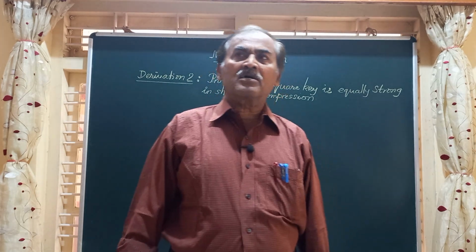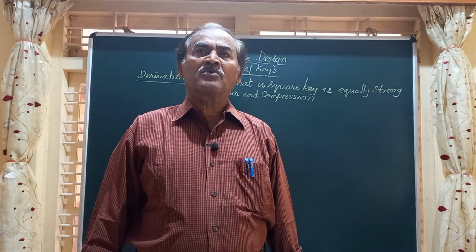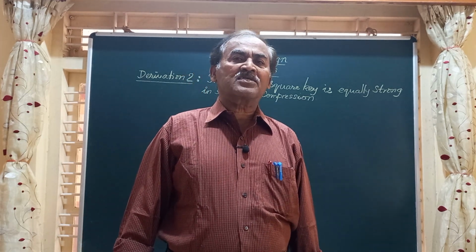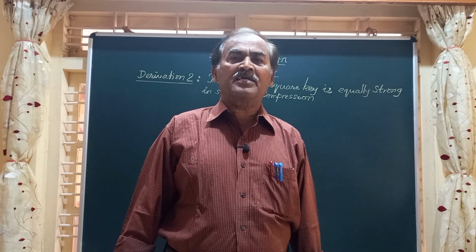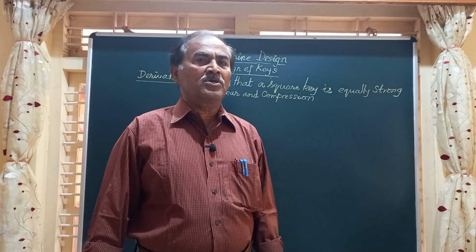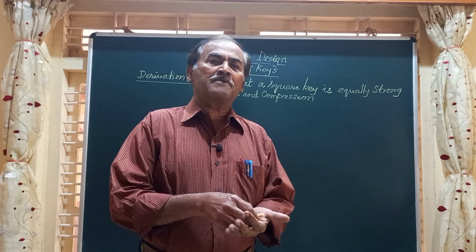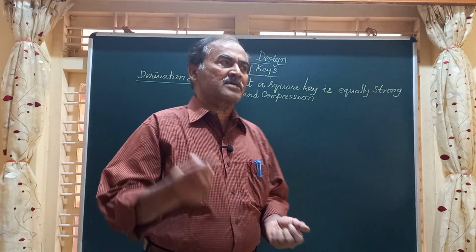Friends, in the previous session, that is in derivation 1, we have derived the torque transmitted by the key in shear in general, and that in compression also. So let us write down the torque transmitted by the key in shear and that in compression.